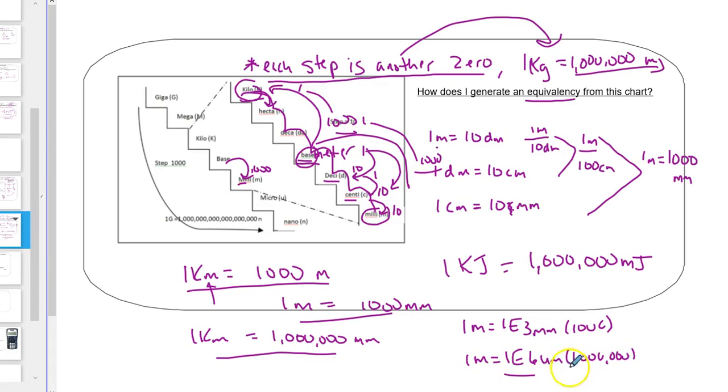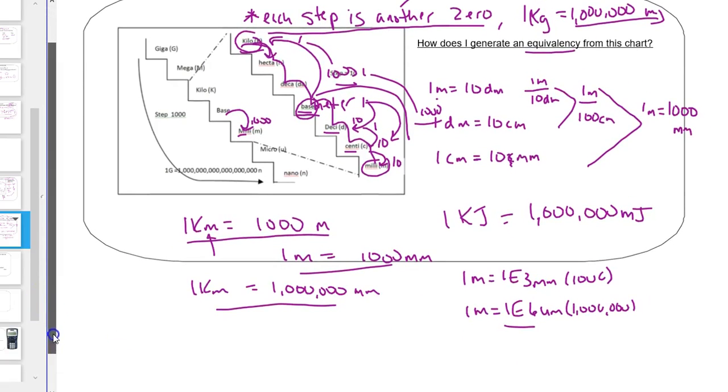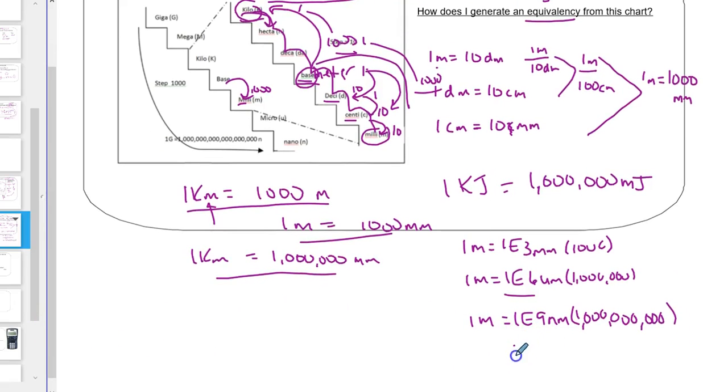And of course, give myself a little bit more room here. 1 meter equals 1 e to the ninth nanometers. And that would be another set of zeros on this value. Hopefully you're seeing that 1 e to the ninth is another way of saying 1 times 10 to the ninth power. 1, 2, 3, 4, 5, 6, 7, 8, 9. And that's kind of how we set up this relationship.